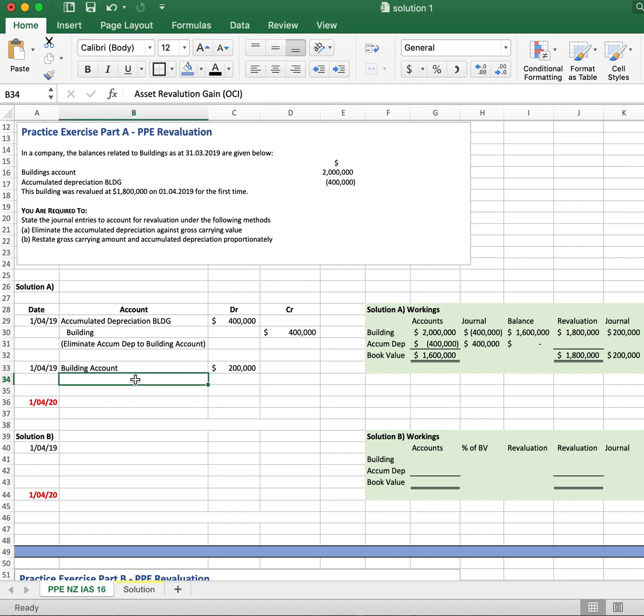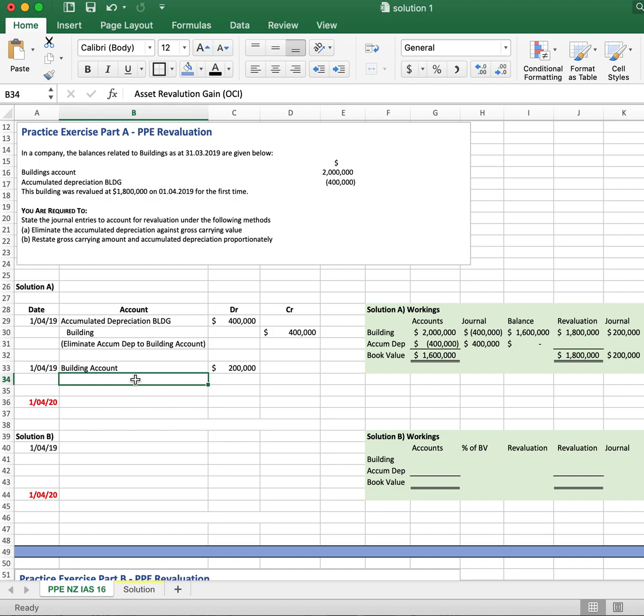The other account, which we credit, will be a gain account, right? If we make gains on the revaluation of property, plant and equipment, we show that in the statement of comprehensive income, known as OCI. If you see OCI, we're talking about the statement of comprehensive income.